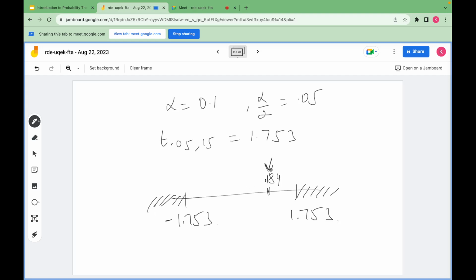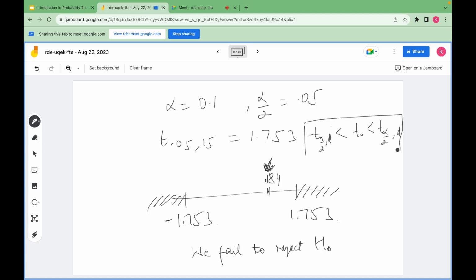Our test statistic is not lying in the critical region, so we fail to reject the null hypothesis. We cannot reject our null hypothesis as this T naught is between minus T alpha by 2 comma degree of freedom and T alpha by 2 comma degree of freedom.